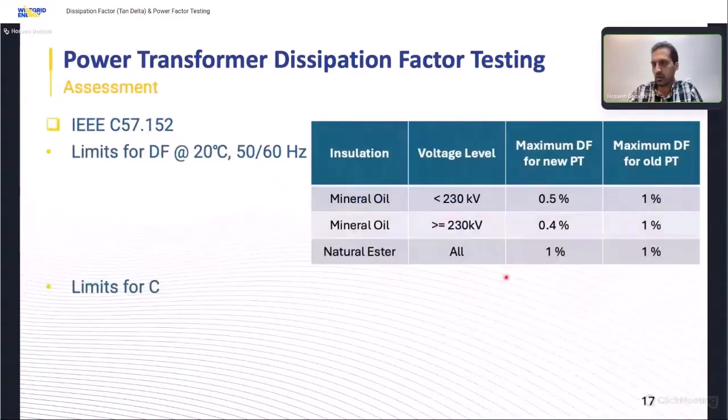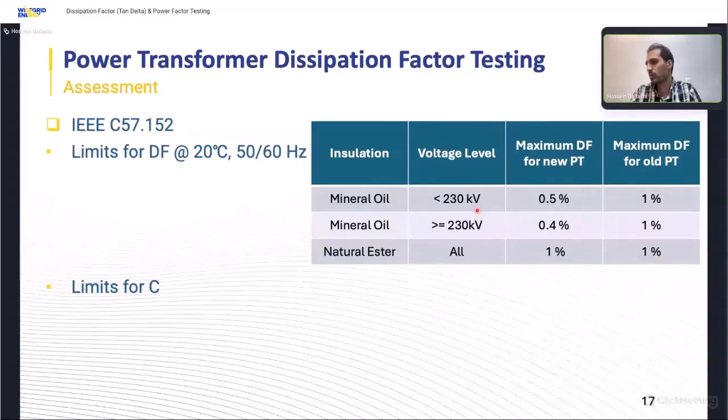So about the assessment of the results, in IEEE C57.152, we have some limits for dissipation factor at 20 Celsius and 50 or 60 Hertz. For power transformer with voltage level lower than 230 kV, the maximum DF for a new one is 0.5%.